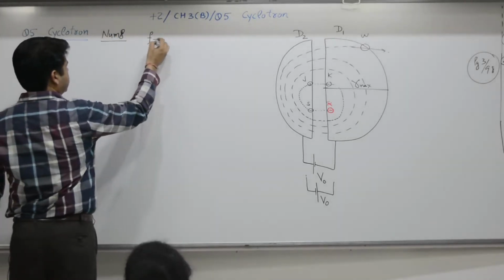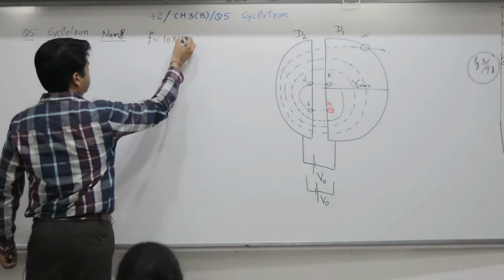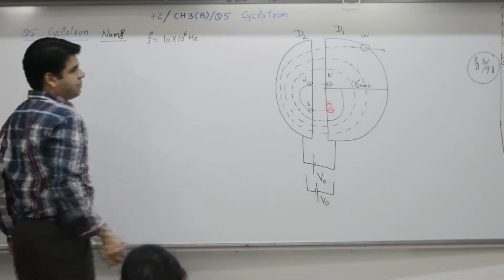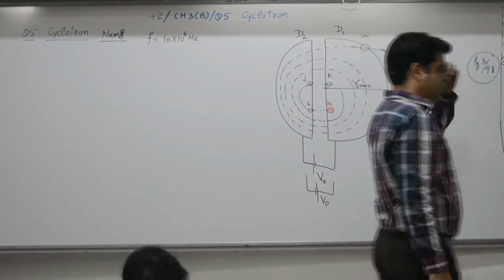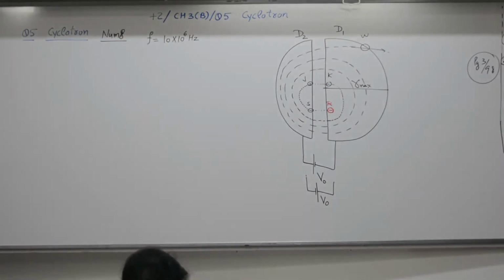Frequency is how much? 10 into 10 raised to power 6 hertz. Write the other parameters given. Simply write what is given and what is required. Two minutes.